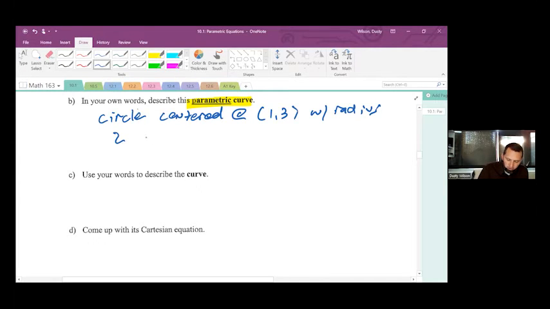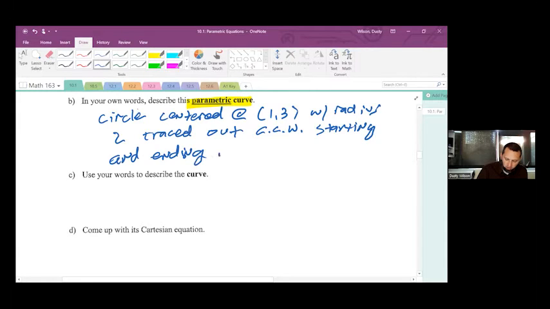So that is traced out counterclockwise, CCW, starting and ending at 5, 1.